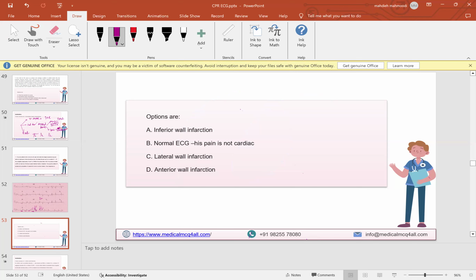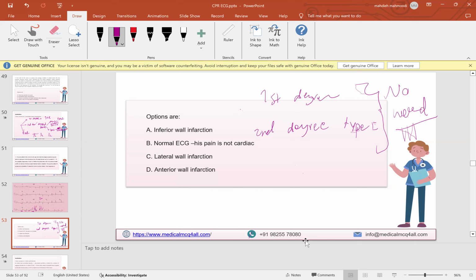If it's only first degree, second degree type 1, or type 2, there is no need for direct treatment of the block.